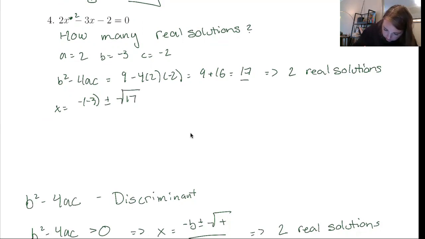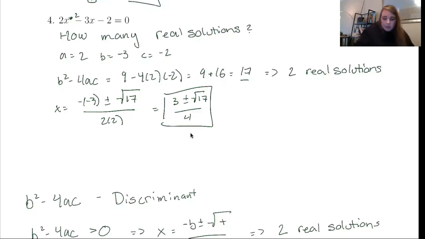So square root of 17 over 2 times 2. So 3 plus or minus the square root of 17 over 4. Great. So that's another reason checking the discriminant is really helpful, is you don't have to do all of that math inside of this little radical. You can just do it to the side, which is helpful.